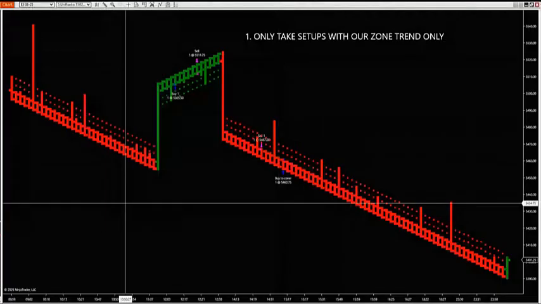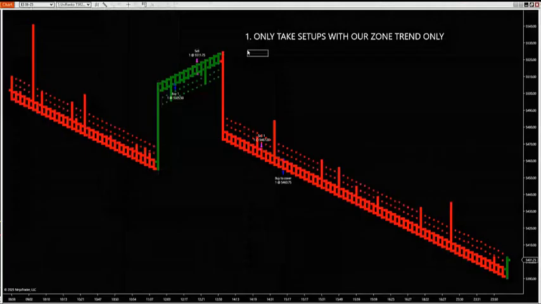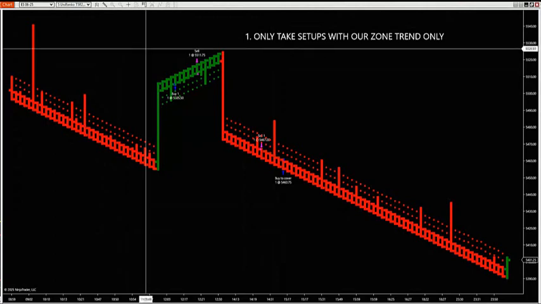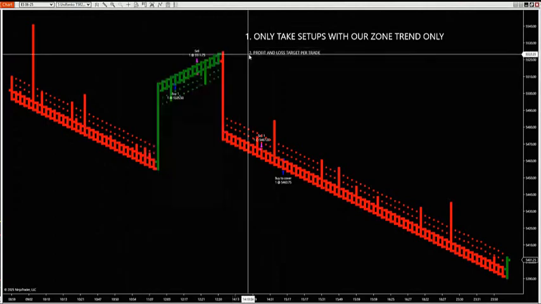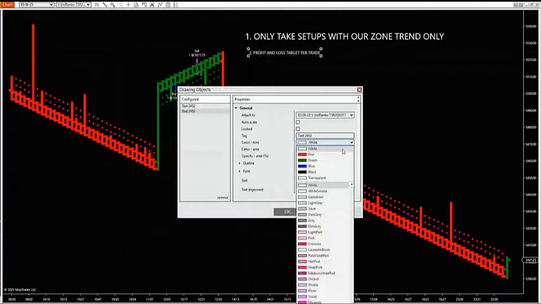Number two, the second thing that we upgraded, and you're going to see it in this video as we go through it, is that you have a profit and loss target per trade. A lot of you guys, we just released it, and I'm going to be going over this next week, so it's very important that you pay attention next week in the room.